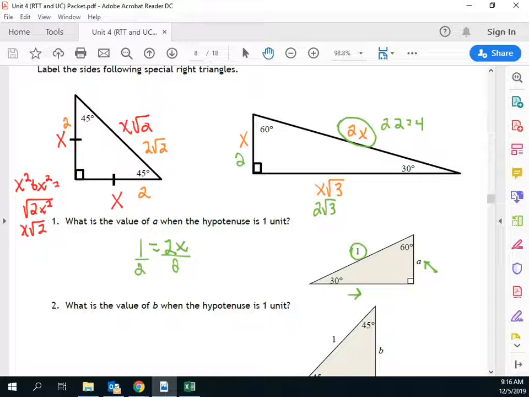So we come over, if the hypotenuse is 1, then the side opposite of 60 is going to be 1/2 times root 3, or root 3 over 2. The side opposite of 30 is going to be exactly what x is, which is 1/2.